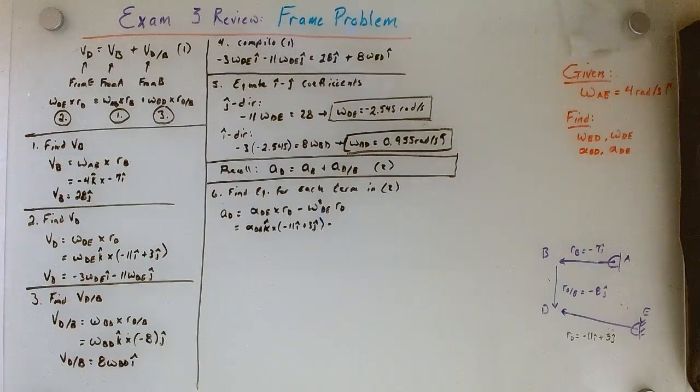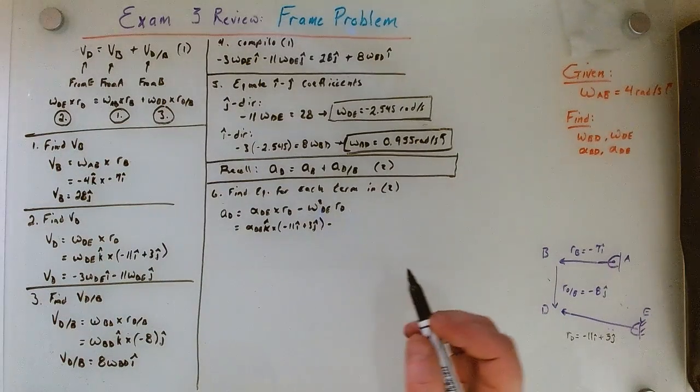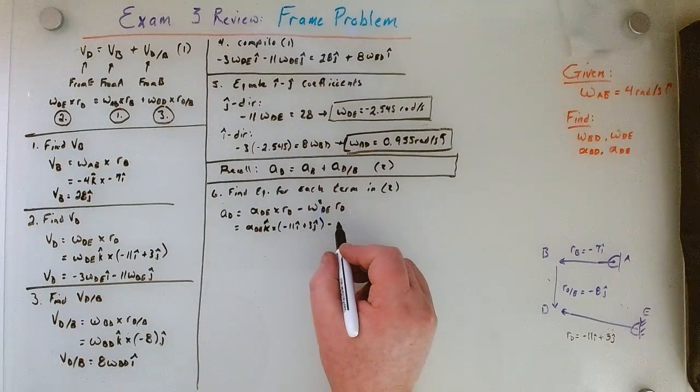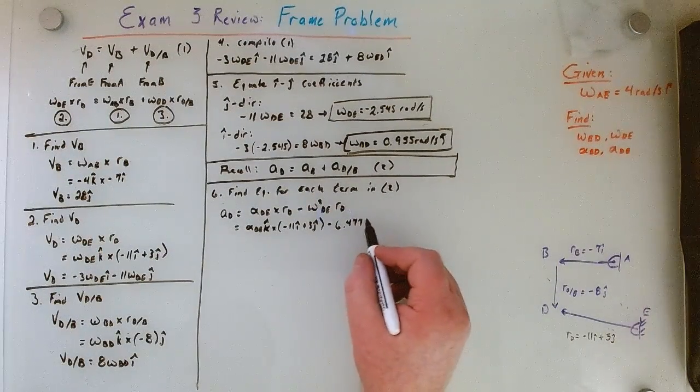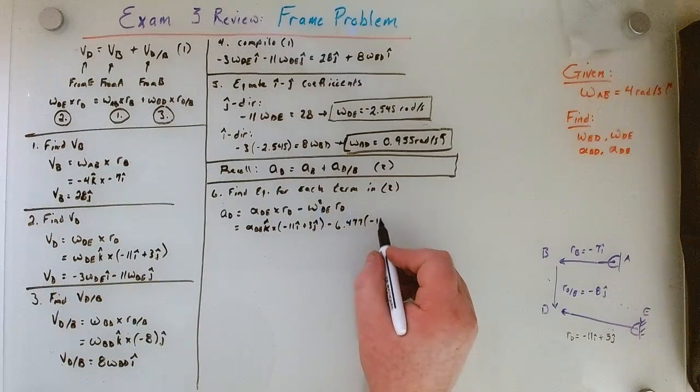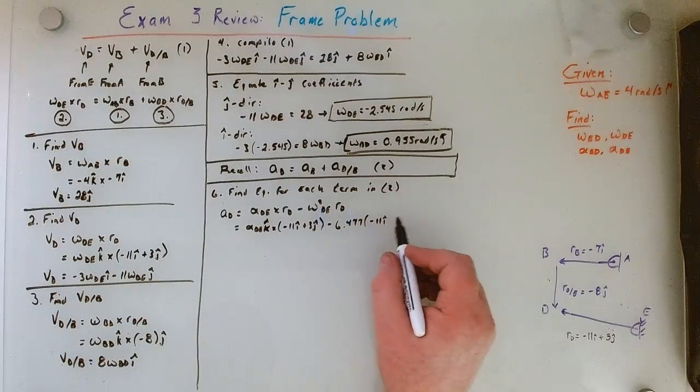Let's just calculate that real quick. 2.545 squared is 6.477. So that's going to be times minus 11I plus 3j.